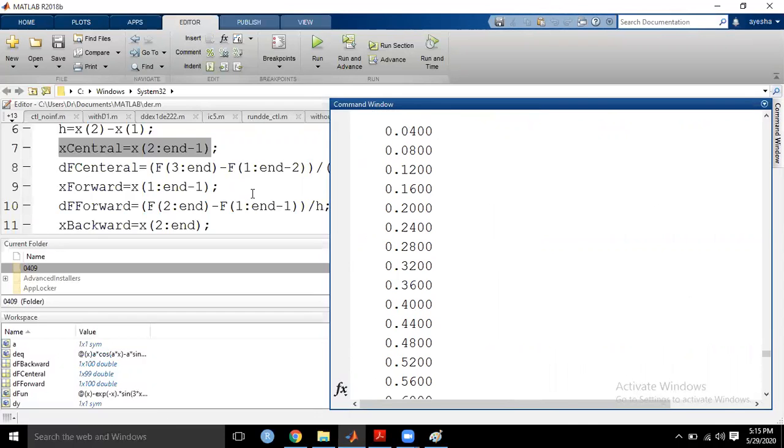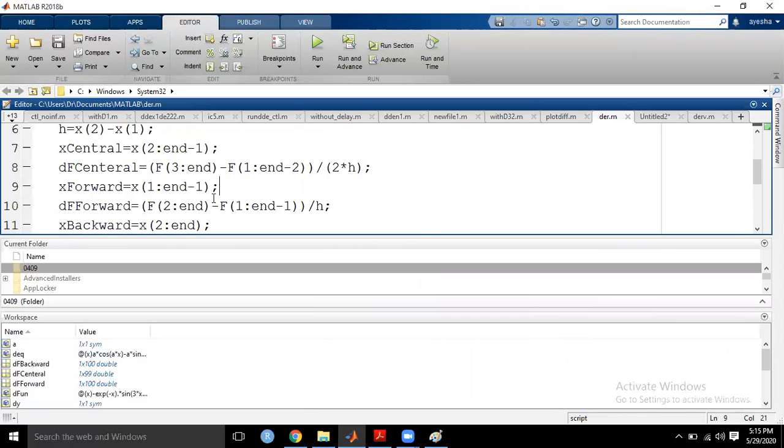Okay, this was the information about the inputs for x for the three different numerical formulas: forward, backward, and center.